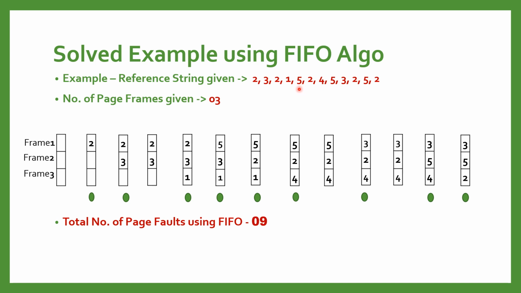We see this 5 is not there in the last image of our RAM, so we will try to replace. FIFO says to replace the oldest frame, and the oldest frame we occupied was 2, so we will replace 2. Now the image of RAM will change. Pages loaded in the RAM are 5, 3 and 1, and this is a page fault.